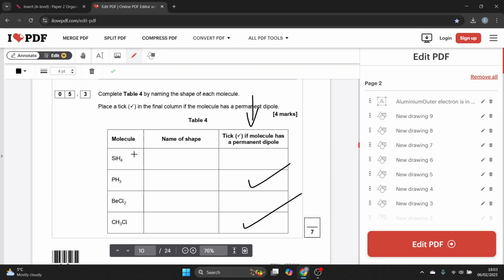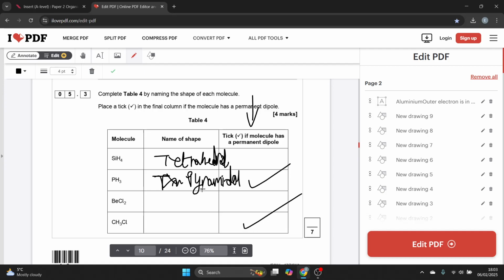Now the naming of the shape, this is how well you know your knowledge. So SiH4 is going to be tetrahedral. PH3, pyramidal actually.